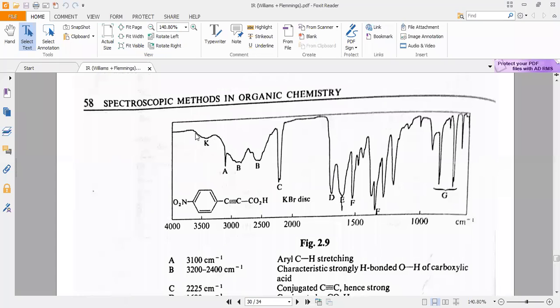This is in fact some moisture present. Sometimes we make a solution, but sometimes if we have a solid, this solid can be used for IR. So in IR we use KBr, potassium bromide. Potassium bromide is a salt, anhydrous potassium bromide, because it doesn't show any absorbance in the IR region.